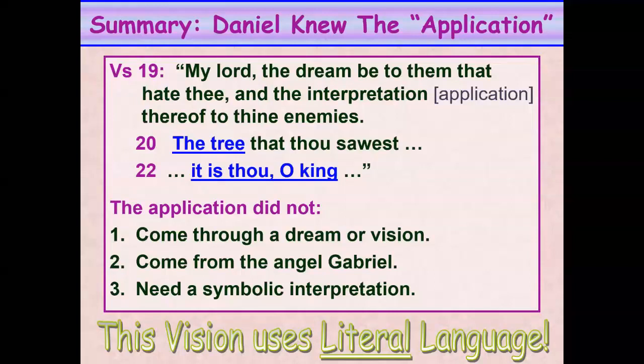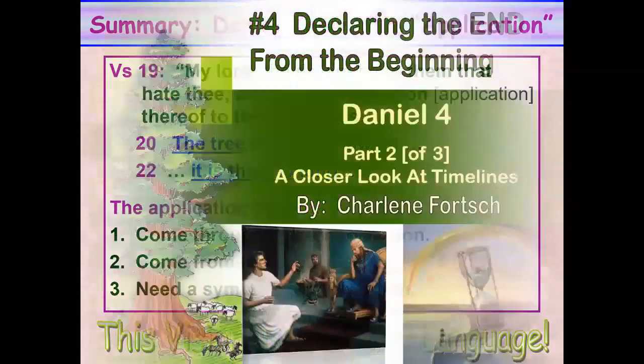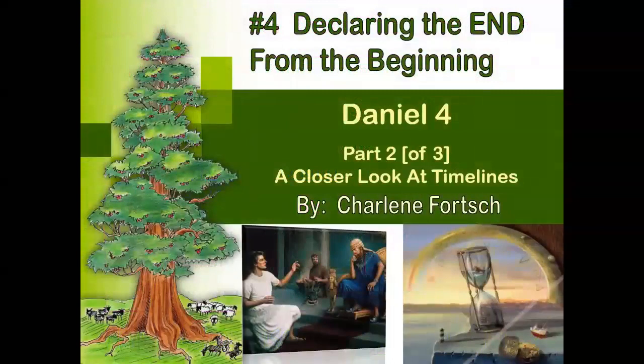So the concepts are right here. Daniel made sure he established the patterns right here to make it easy for you. So we will be taking a closer look at timelines.